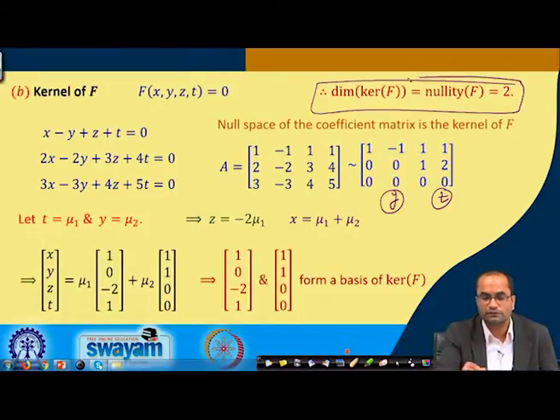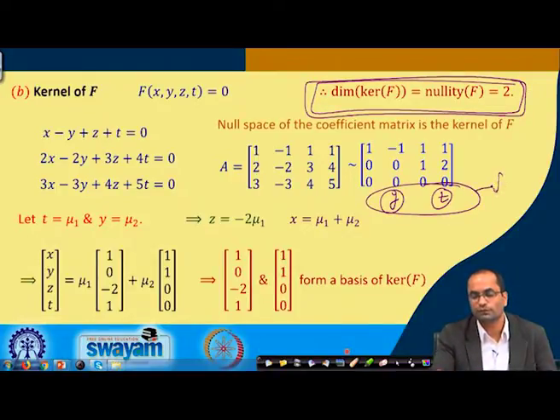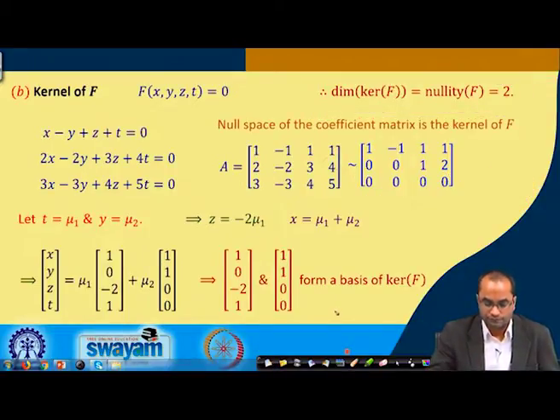The dimension of the kernel, or the nullity of f, was also clear from the number of free variables, which is 2. So we can simply get the dimension or the nullity and also the basis.